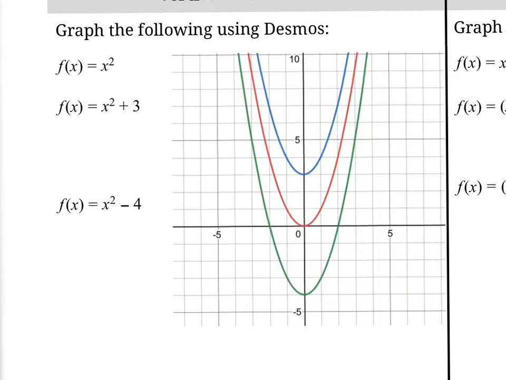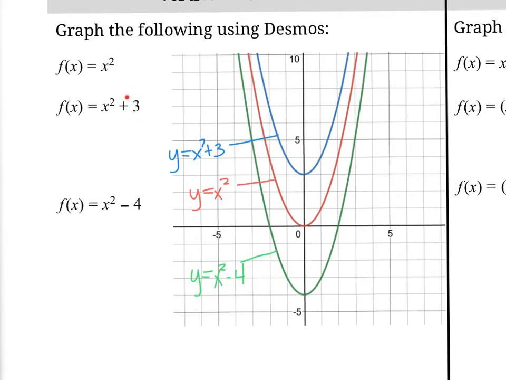So here's what you should have gotten. This middle guy, that was our original parabola, y equals x squared. This one on the top here, this was the second parabola, y equals x squared plus 3. And this one at the bottom was y equals x squared minus 4. So what has happened here to each of these parabolas as we add and subtract numbers?